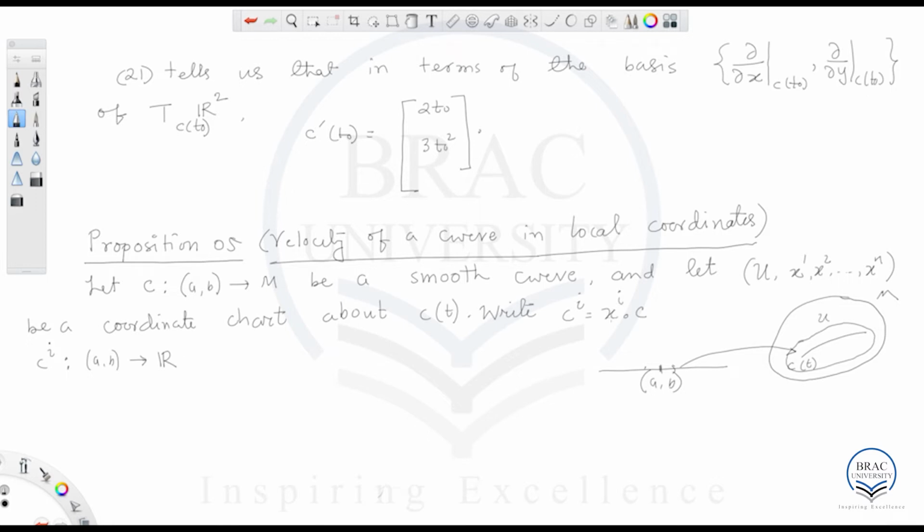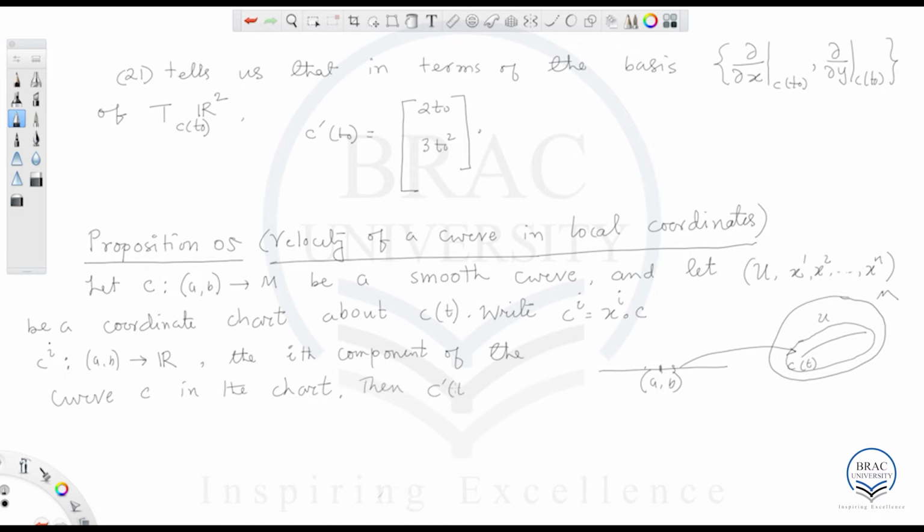Xi's are the local coordinates for this chart. So this Ci is the ith component of the curve C in the chart.